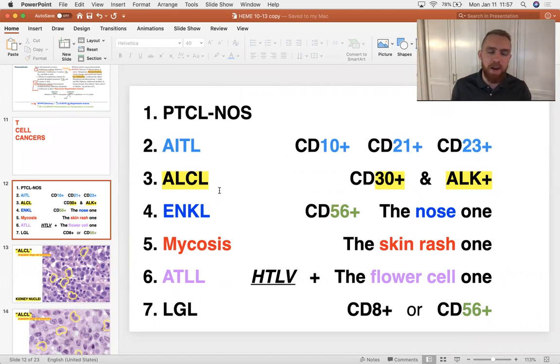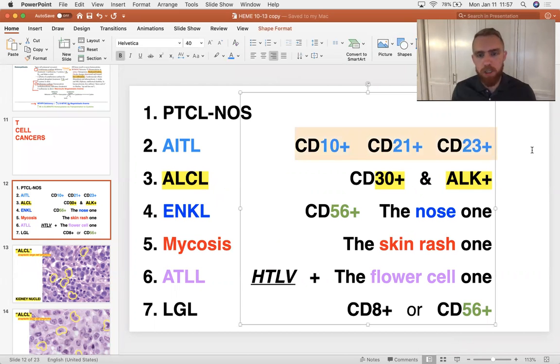So you always find it around blood vessels on biopsies, and it stains for 3 cluster of differentiation markers that none of the other cancers in this SDL stain for, and those are going to be CD10, CD21, and CD23. So if you get a question and the cancer's got positivity for one or multiple of those 3 clusters of differentiation, you know you're dealing with the angioimmunoblastic T cell lymphoma.